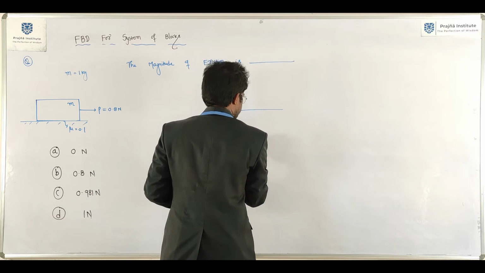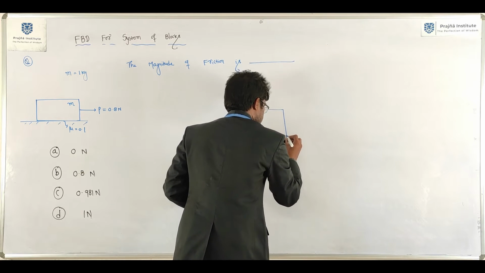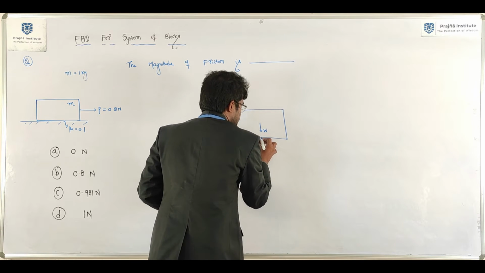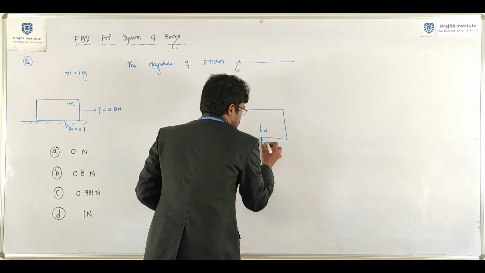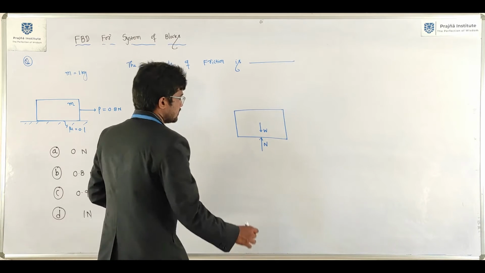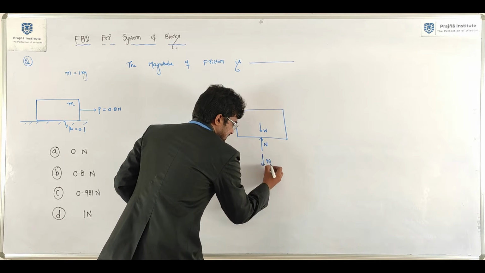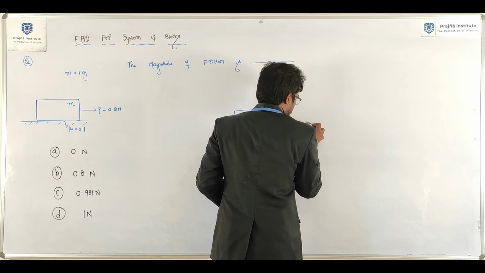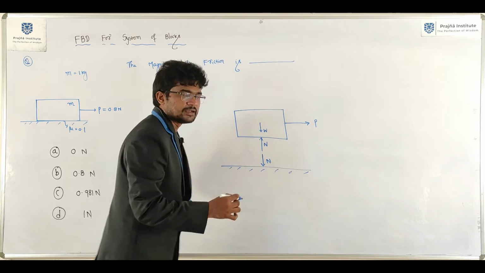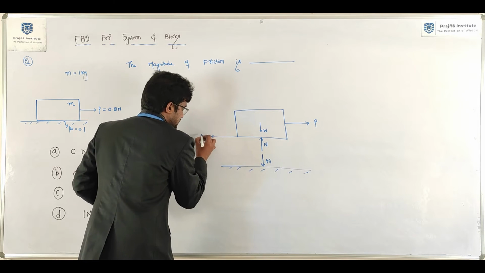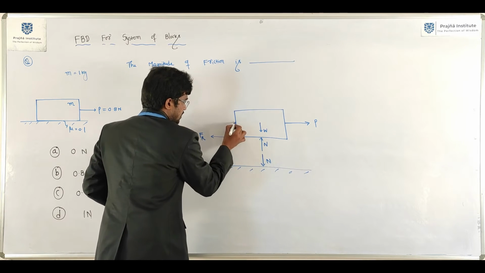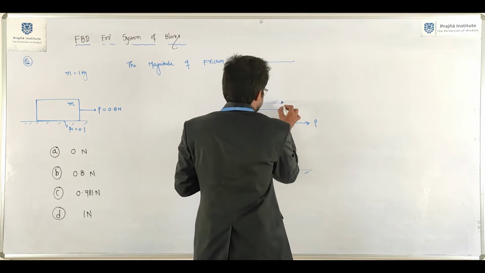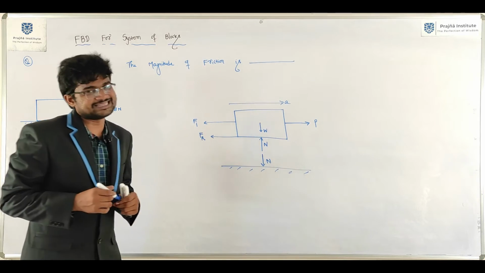That is the block. Weight always acts vertically downward. Normal reaction always acts perpendicular to the surface. Another normal reaction is acting on the floor. A load P, frictional resistance here, inertia force here. Okay, so why? Because it tries to move in this direction.